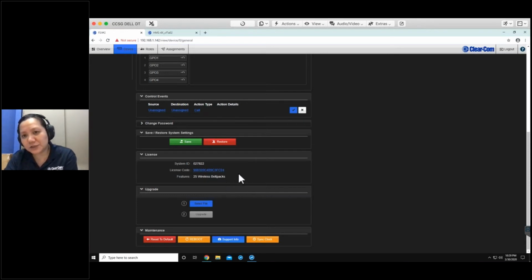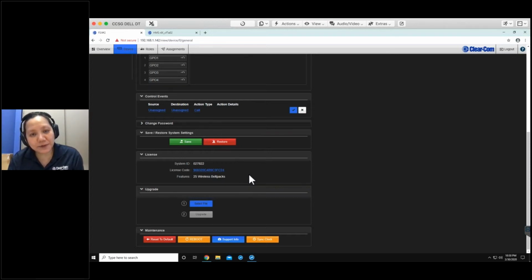So FreeSpeak base station comes in 2 versions. There is a FreeSpeak base 5, which only runs up to 5 belt packs. So if you have a FreeSpeak base 5, you can't get the 6th belt pack working on it. Your maximum number of belt packs that you can make work on the base would be 5.